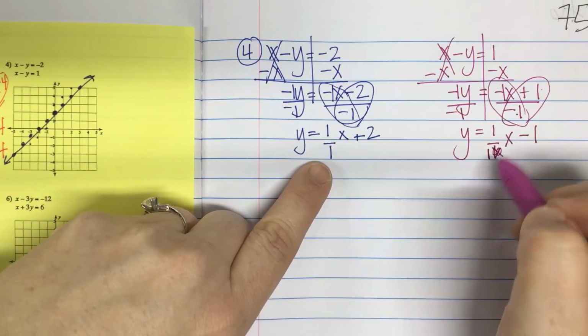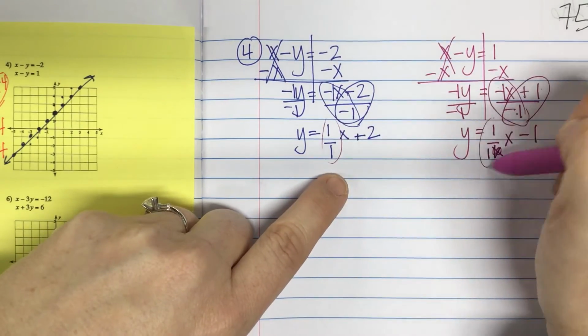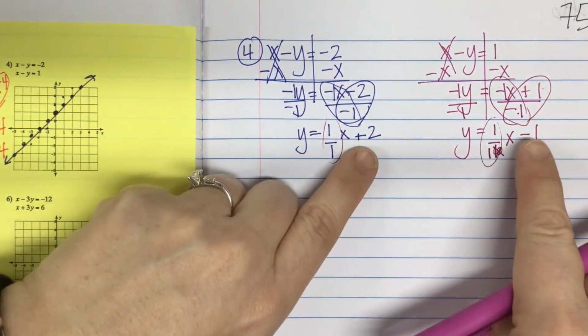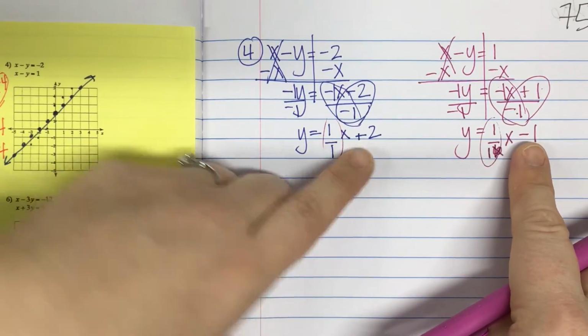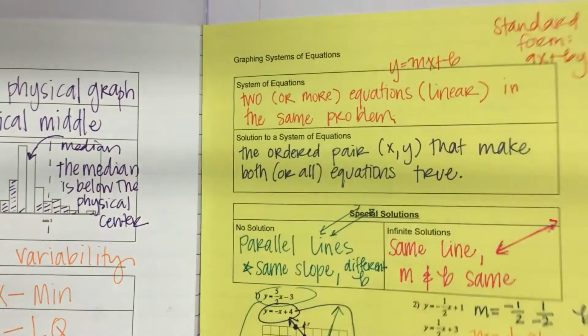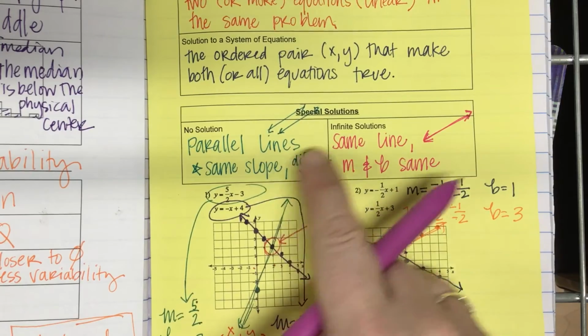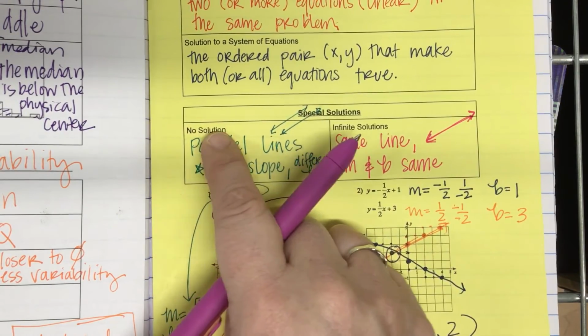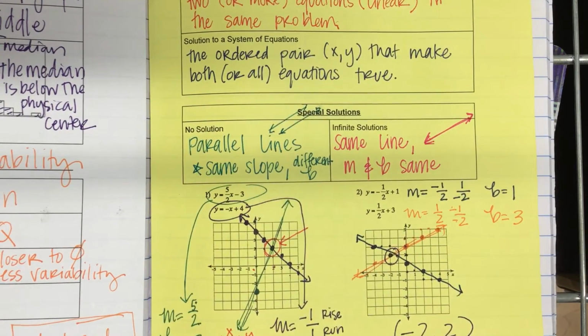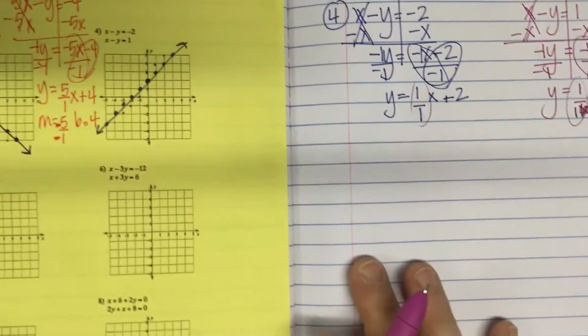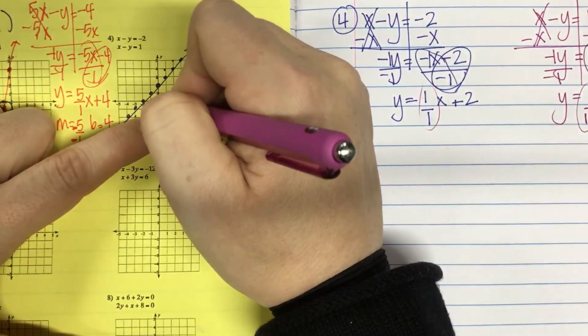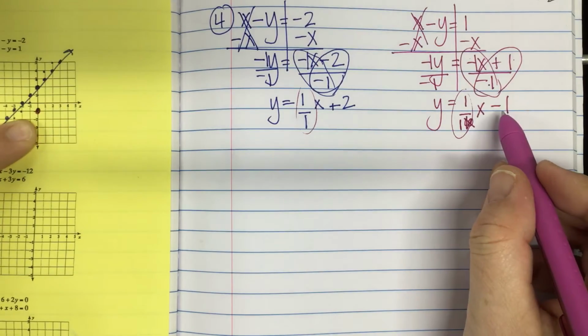Now look, I have the same slopes, but different y-intercepts. Same slopes, but different y-intercepts. This will be a no solution because these two lines will be parallel. Let's prove it. Start at -1, because that's my y-intercept.